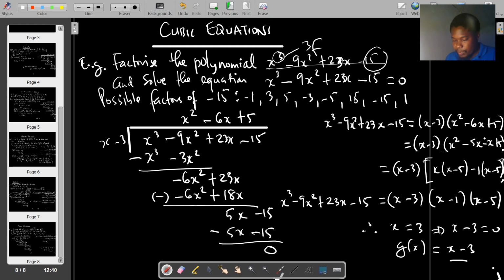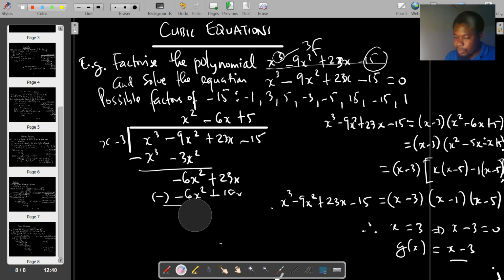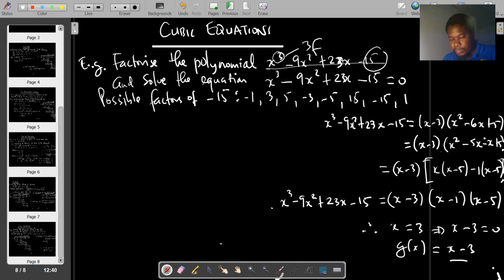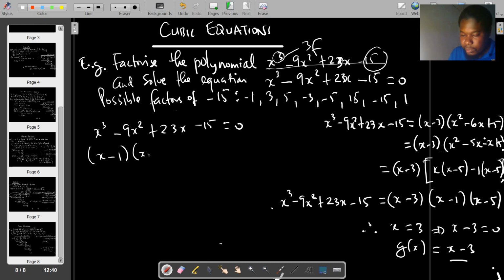So now remember, we're supposed to calculate for the equation, okay. So if the factorization is that, this means that the equation itself, x to the power 3 minus 9x squared plus 23x minus 15 equals 0, becomes x minus 1, x minus 3, x minus 5 equals 0.